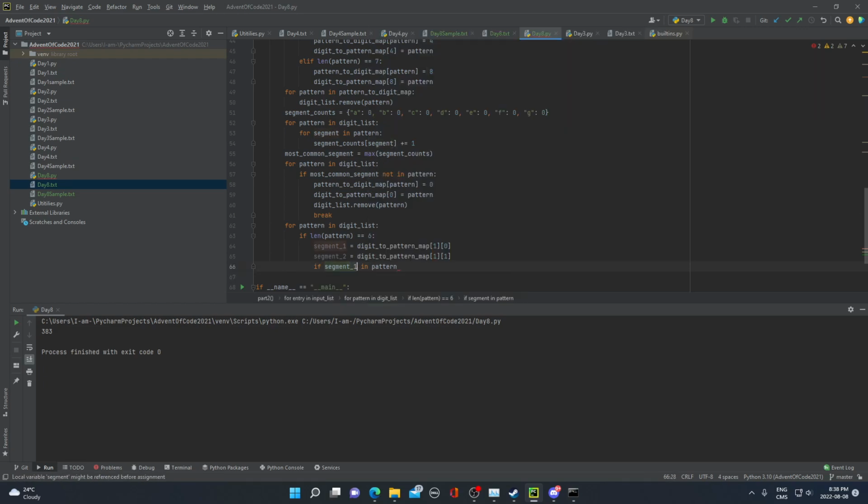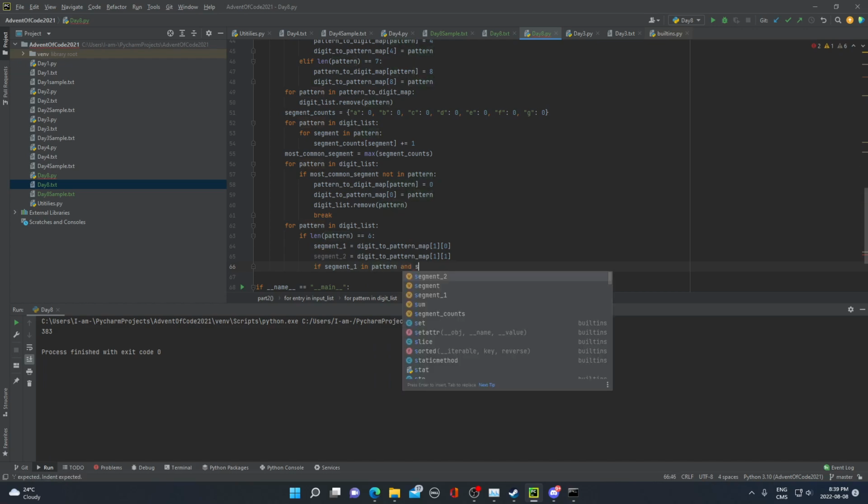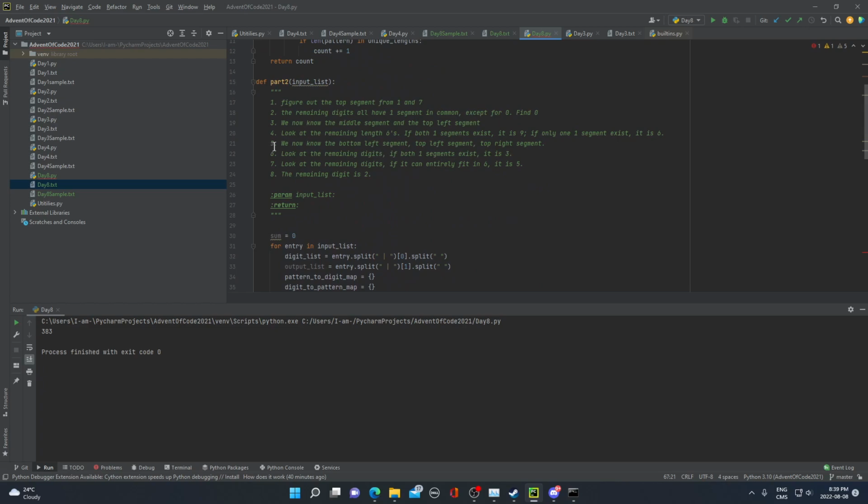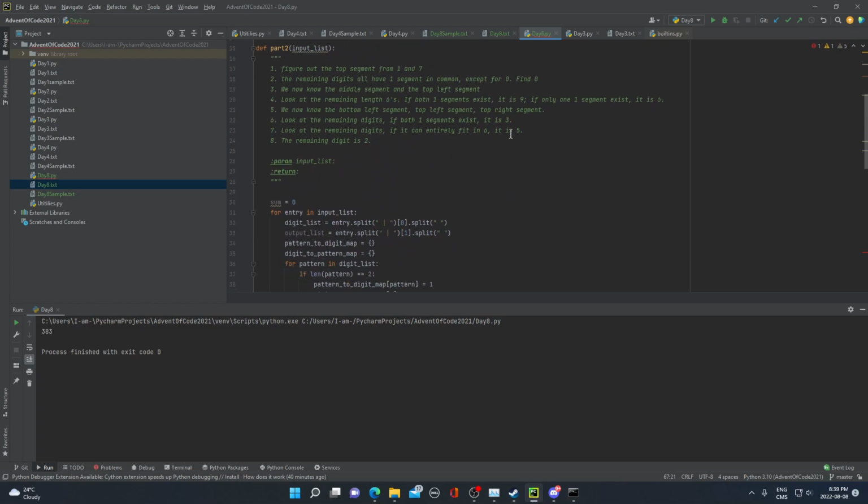If both segments are in the pattern, then that has to be a 9.